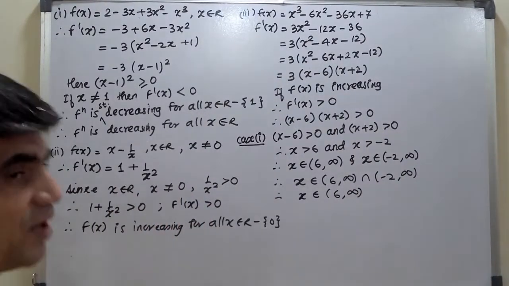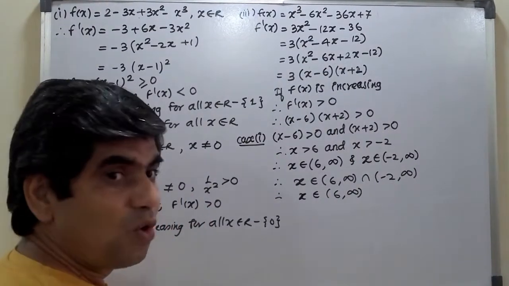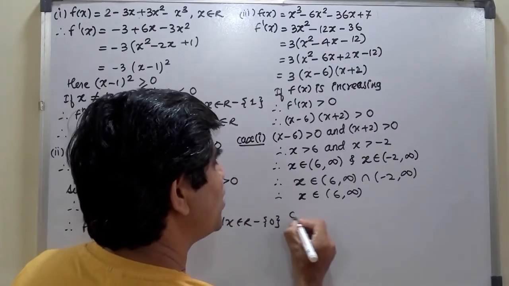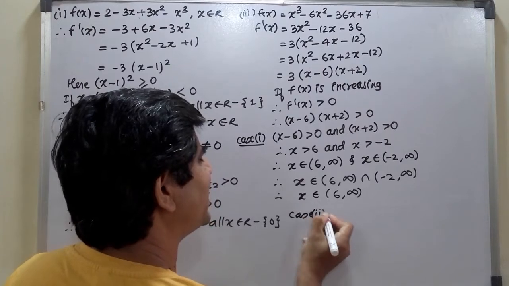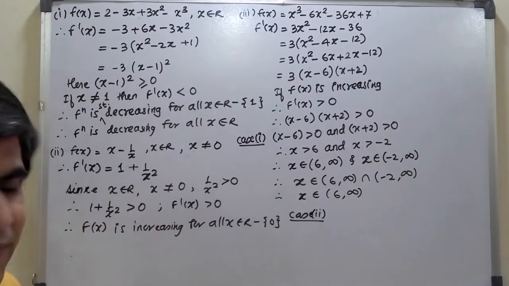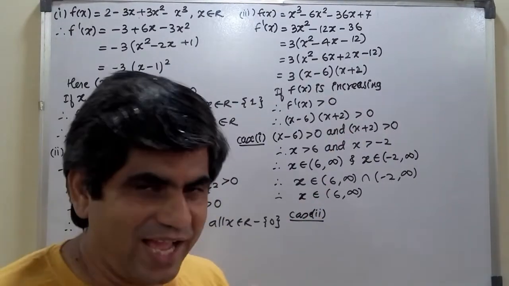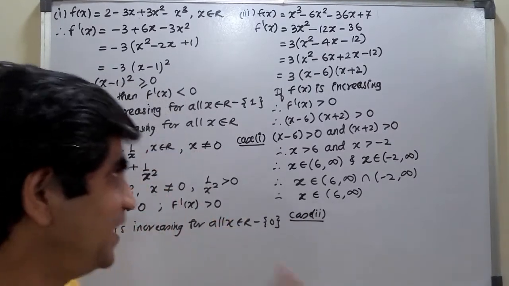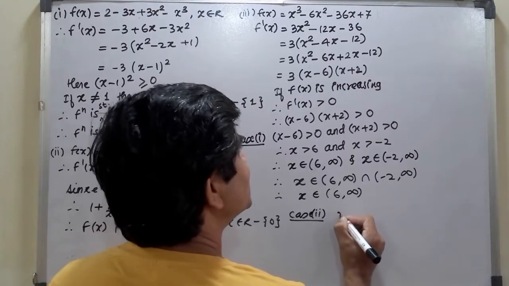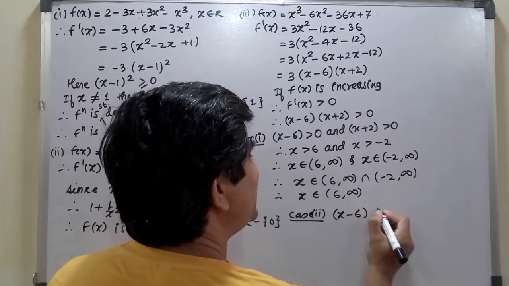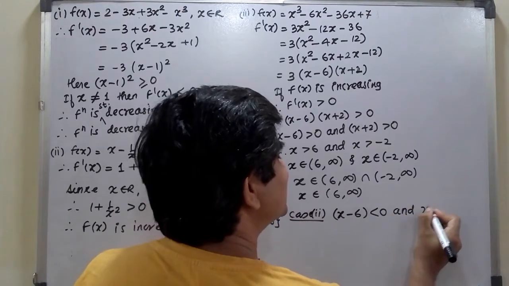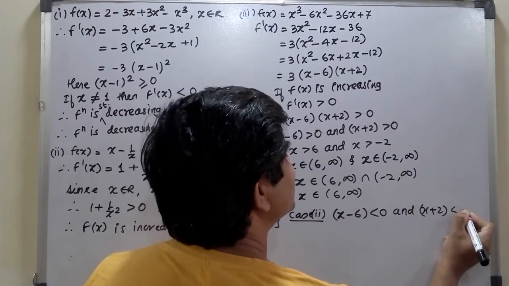Okay. So now I will go to case 2. What should I think now? What is the thing I should think? When I go to case 2, what I think here is, okay, I want positive. Agreed? I want positive. That means either the first one must be negative, and at that same time the second also must be negative.